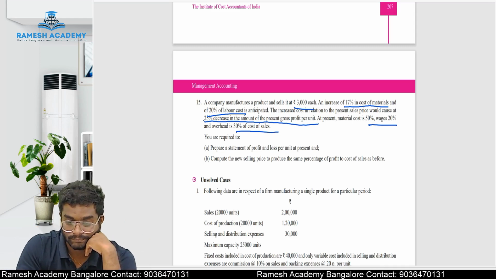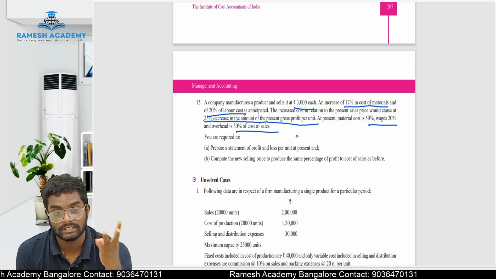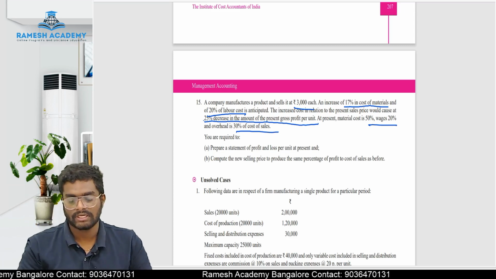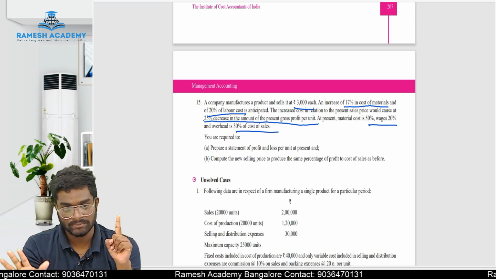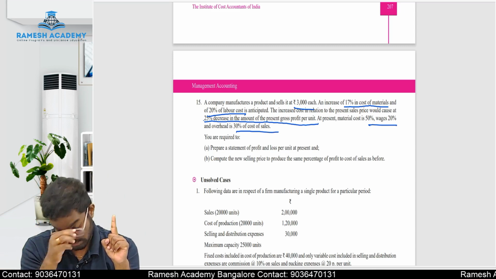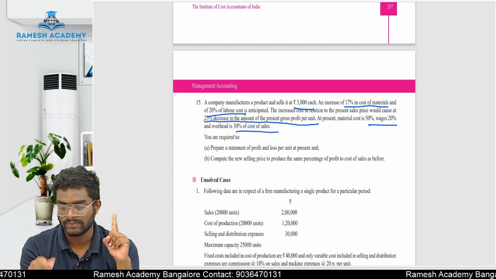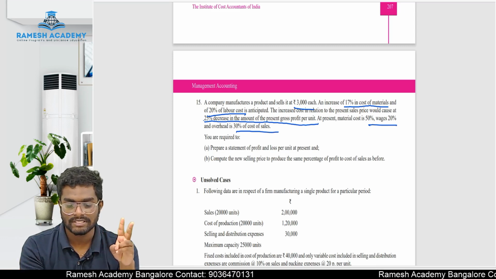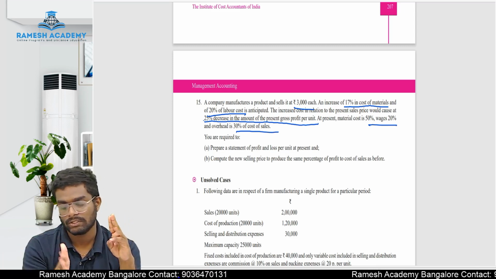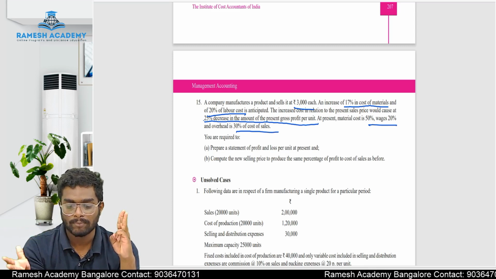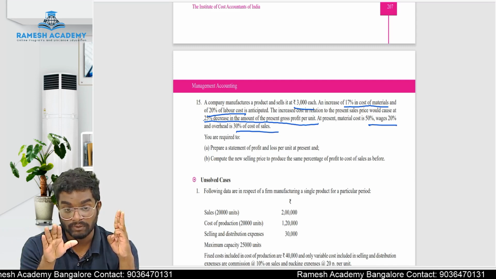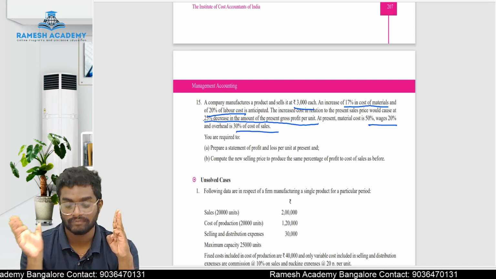So this is the third point here. We'll analyze the points. First point, I am making an assumption that the 3000 is the cost of sales, and I'll divide the cost into material, overhead and labor. My second point is that there is an increase in cost of material and labor, and the third point is that there is a 25% decrease in profit because of the increase.